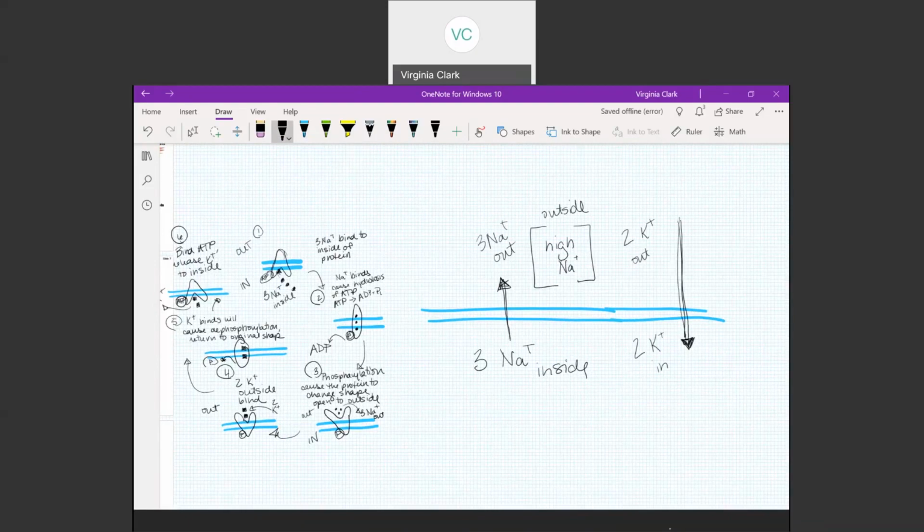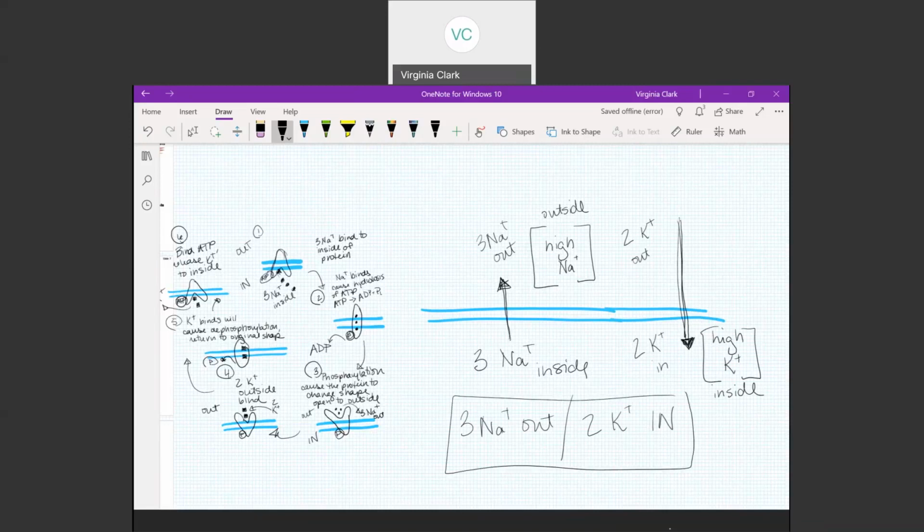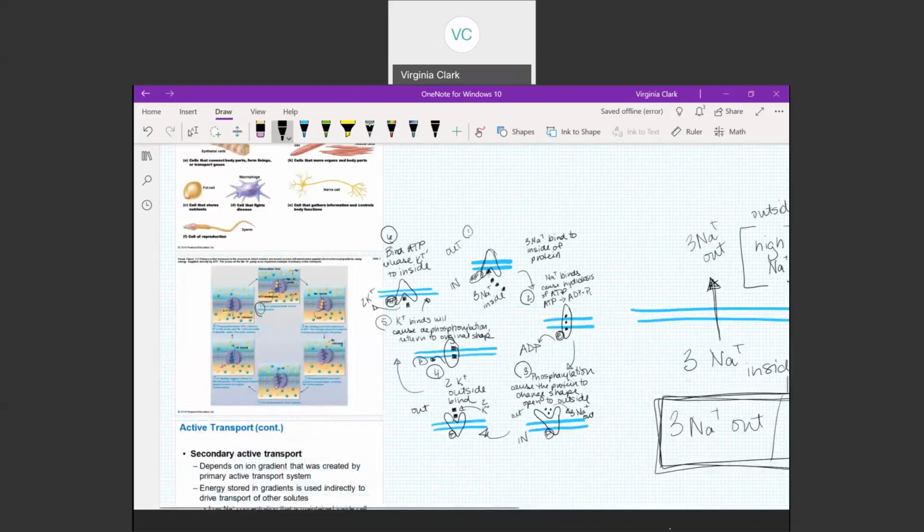So you're creating a high potassium environment inside. So you are pumping 3 sodium out for every 2 potassium in. This is the sodium-potassium pump. You are pumping 3 sodium out for every 2 potassium in. And this is how you do it.